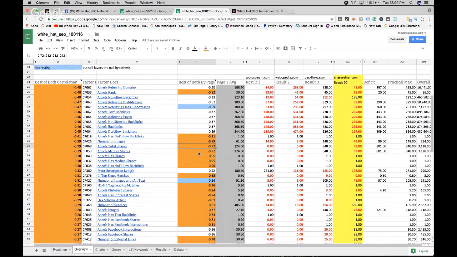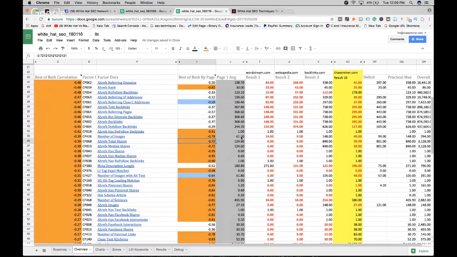So when you plot that, with the measurement of the factor on the y-axis and the Google ranking on the x-axis, it produces a line with a negative slope. It goes downward to the right. That's why those coefficients are negative. They describe the slope of the trend line. But you don't need to know all that. All you need to know is that the orange ones are the ones you want to look at and give consideration to.